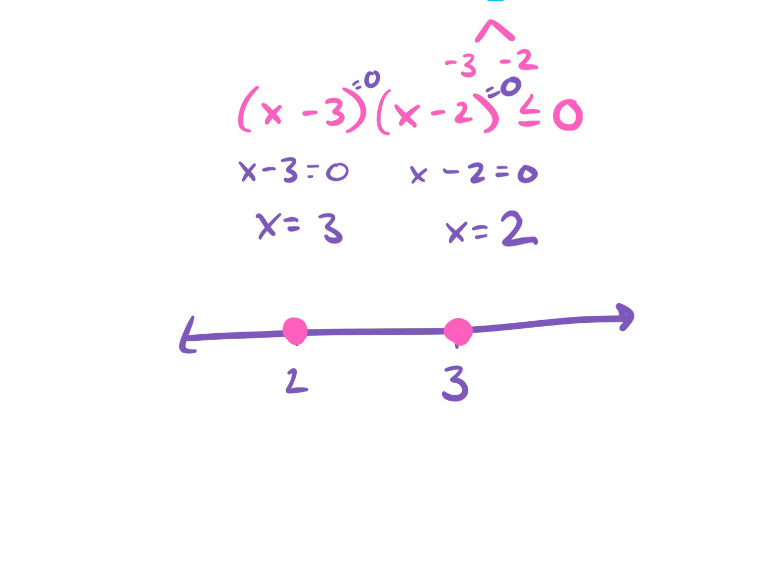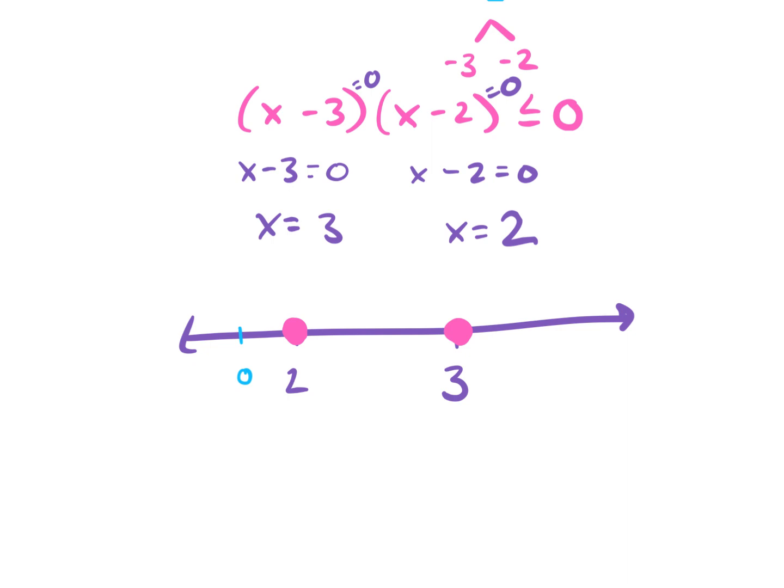So now we need to figure out if we're going to shade in between these 2 points or outside the 2 points. To figure that out, we just have to plug numbers into our original inequality to check. So let's plug in a number to the left that's smaller than 2. What's an even easier number to work with that's smaller than 2? 0.